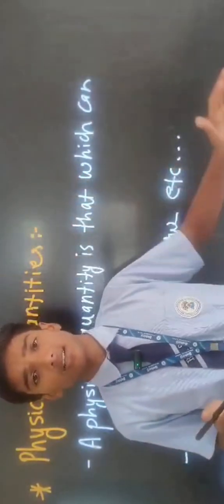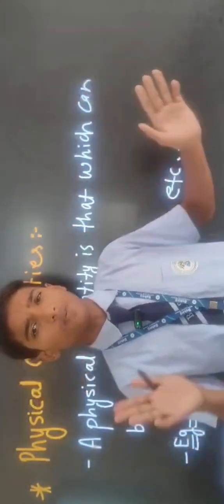These many things are there in physical quantity. What is a physical quantity? A physical quantity is that which can be measured. So clear? Write in your notebook this important point. So next we will learn about physical quantity.